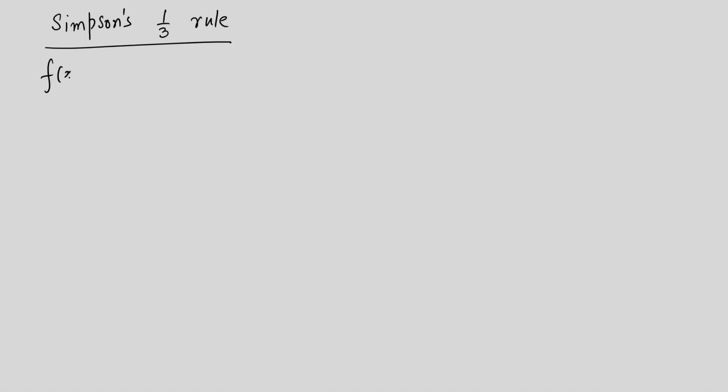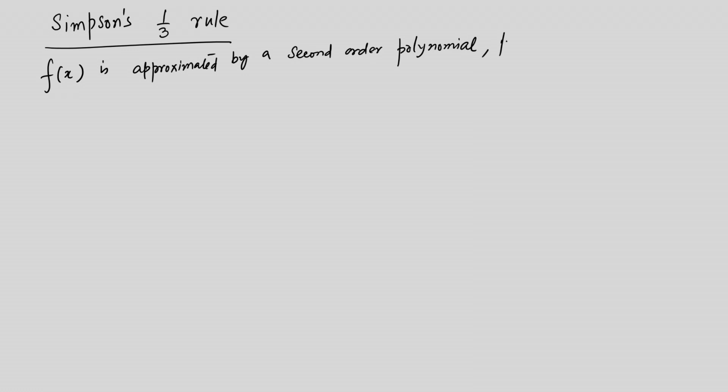So, f of x is approximated by a second order polynomial P2(x) which of course passes through 3 sampling points. Now, which 3 is the question.